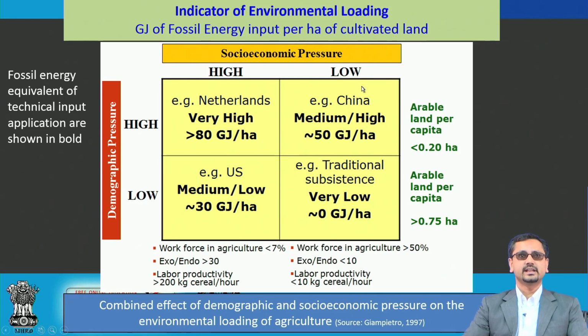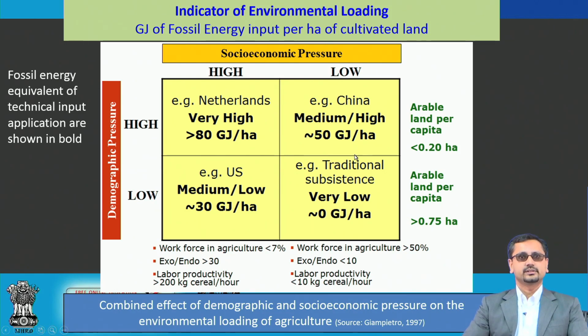If we consider the agricultural economies having lower socio-economic pressure, but at the same time very high demographic pressure, for instance China, they have medium to high energy inputs to agriculture, quoted as about 50 gigajoule per hectare.